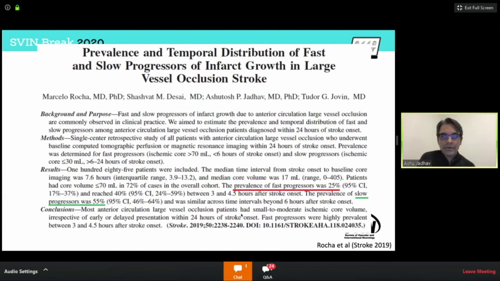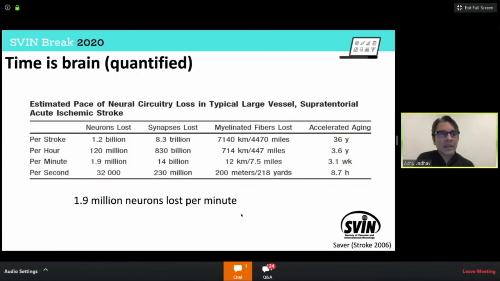This is the paper that he wrote, and that demonstrates the percentages that we see at our center. And this, of course, is just a working definition to help us get a handle on who these patients are.